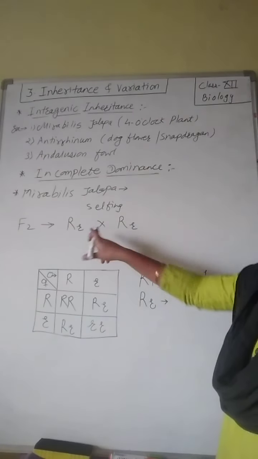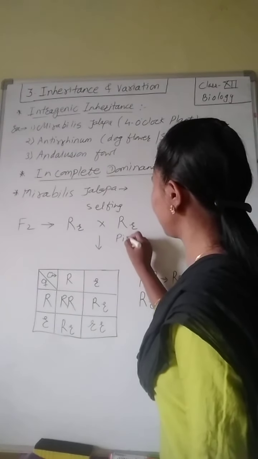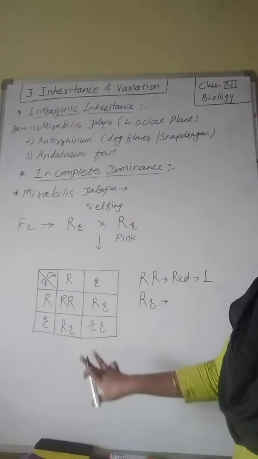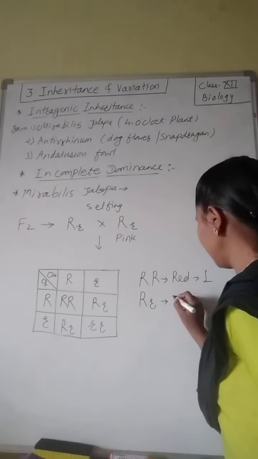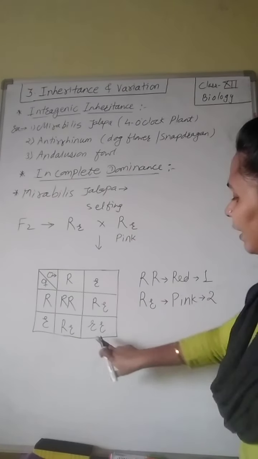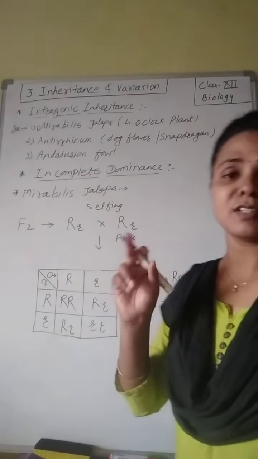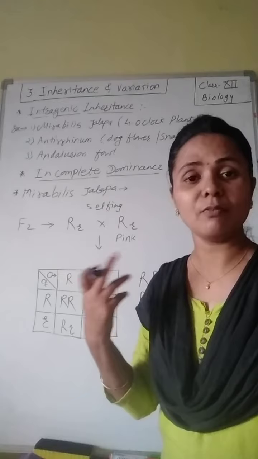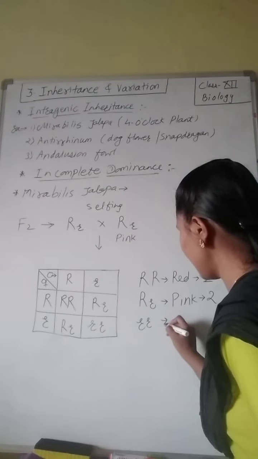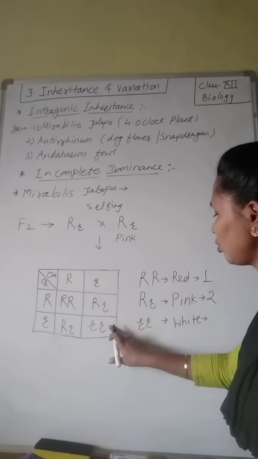As in the F1 generation, capital R small r gives pink color. There are two of these, so in total we got two pink. The other is small r small r, which, as in our parent, denotes the white color, and there is only one.